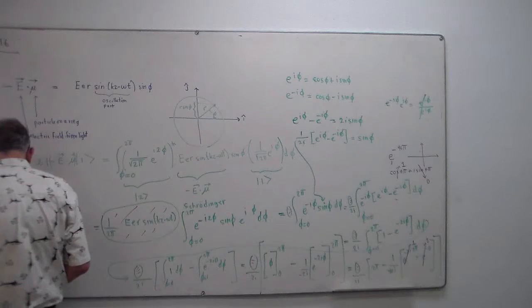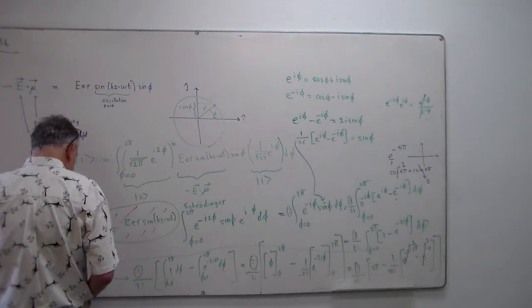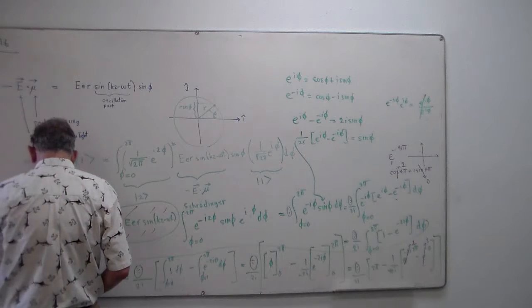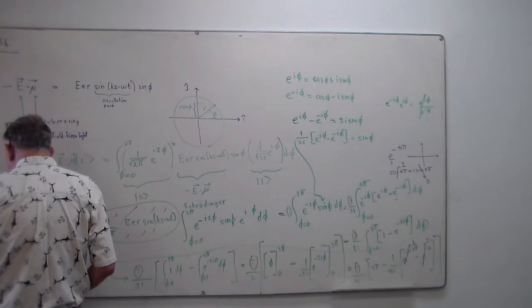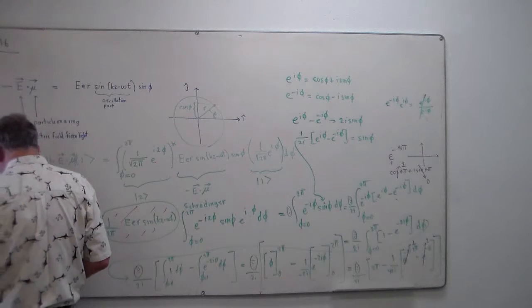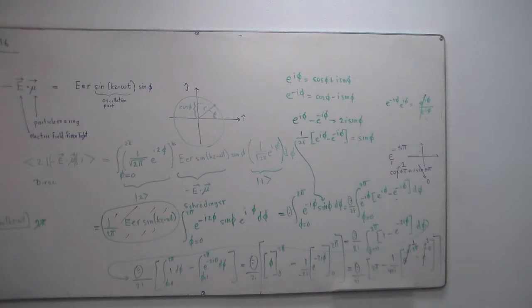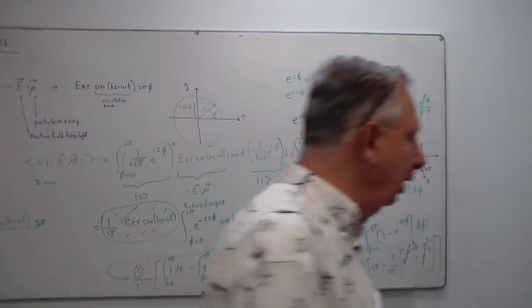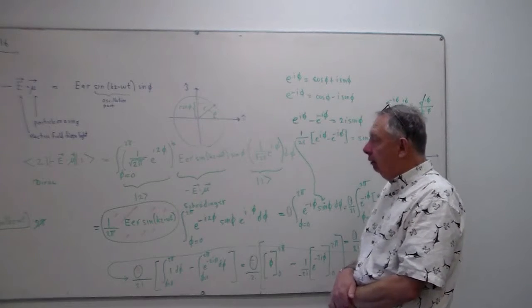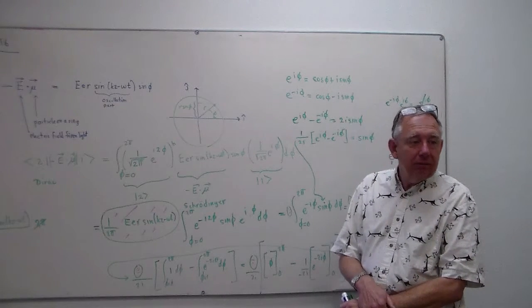So this 2 pi and that 2 pi cancel out, and we have this transition moment integral left. And the important thing for you to see is that it's non-zero.